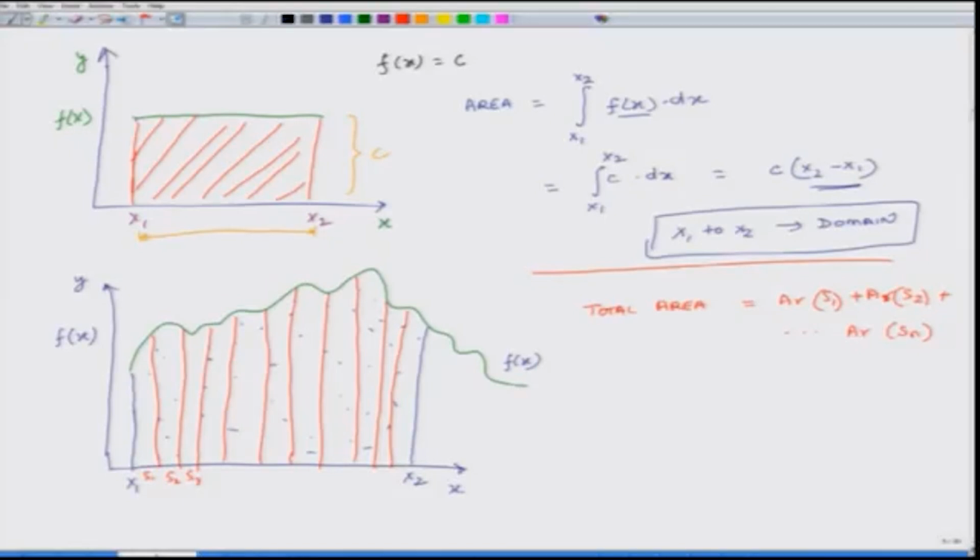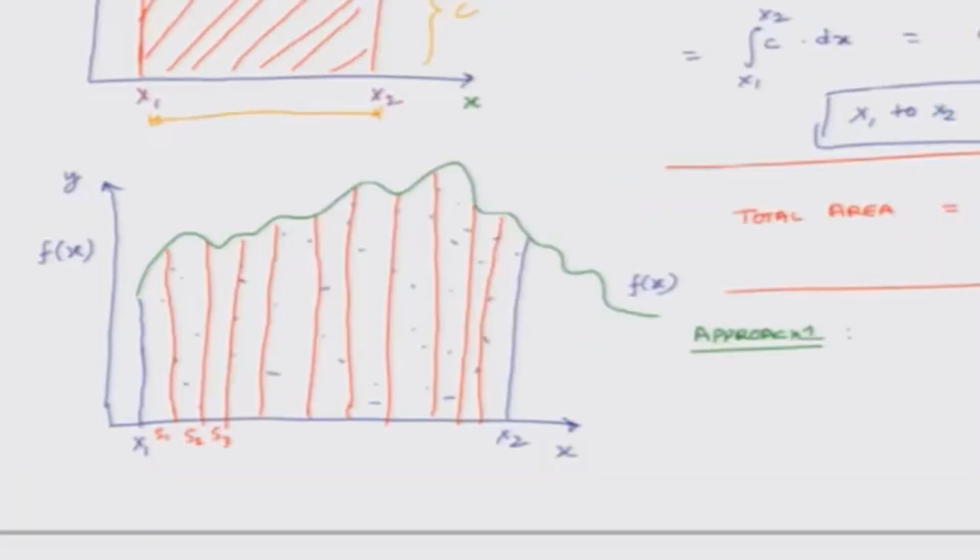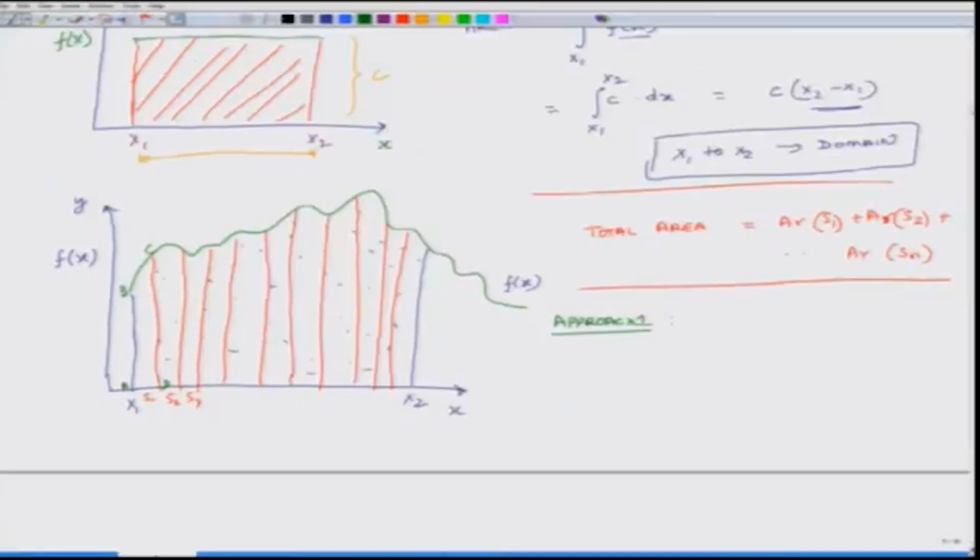Now, I can calculate the area of first slice in several ways. Approach 1. Here let us put some labels A, B, C, D. What we are trying to figure out is the area of ABCD, and our first approach is that the height of this ABCD is constant.